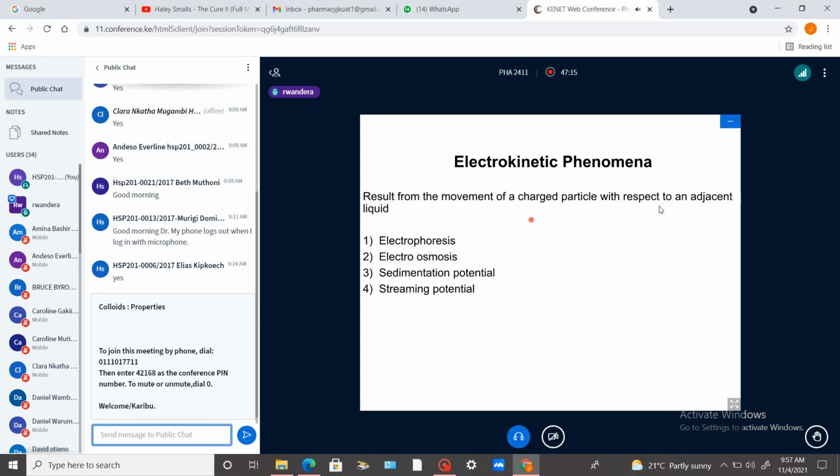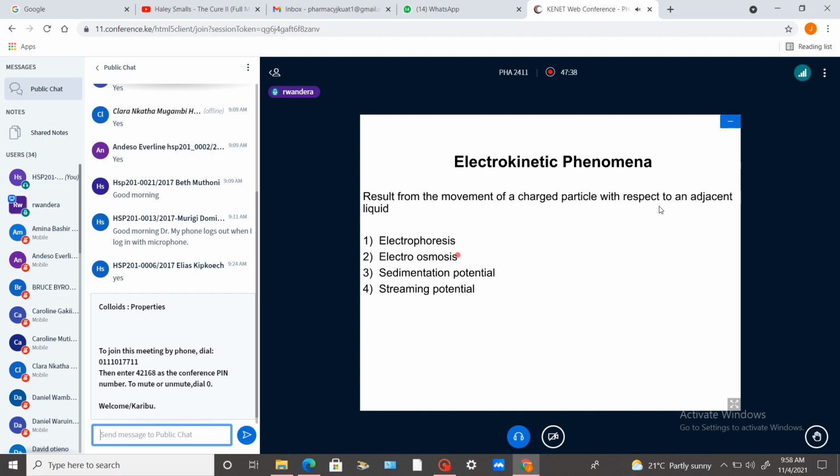So what are these electrokinetic phenomena? They normally result from movement of charged particles with respect to the dispersion medium. So the dispersed phase particles with respect to the continuous, or dispersion, medium.